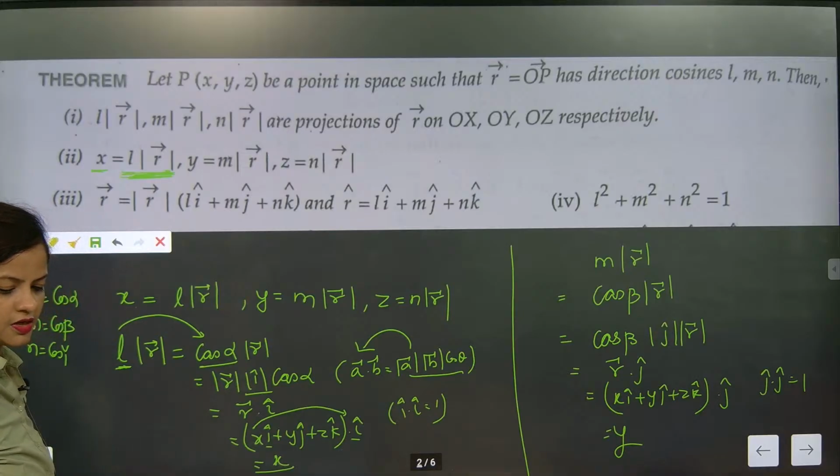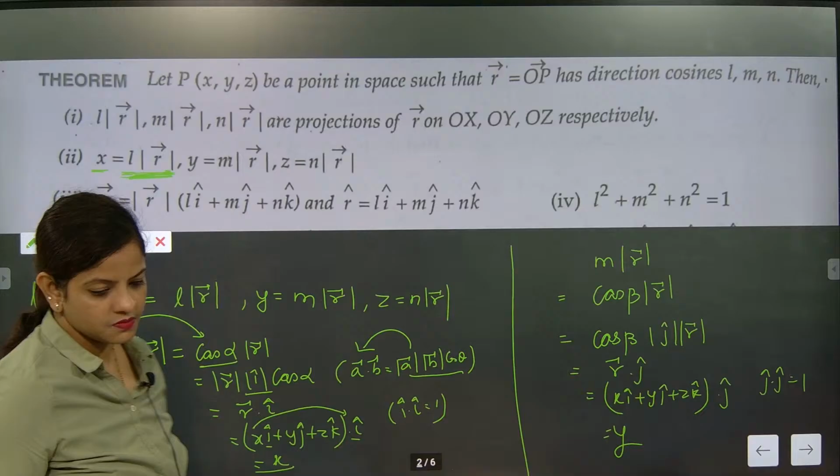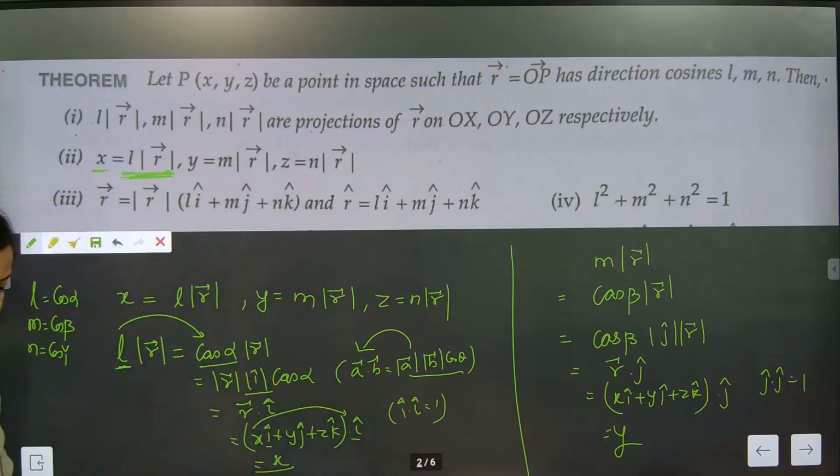Try this one for Z. Z one you will be able to do or not?